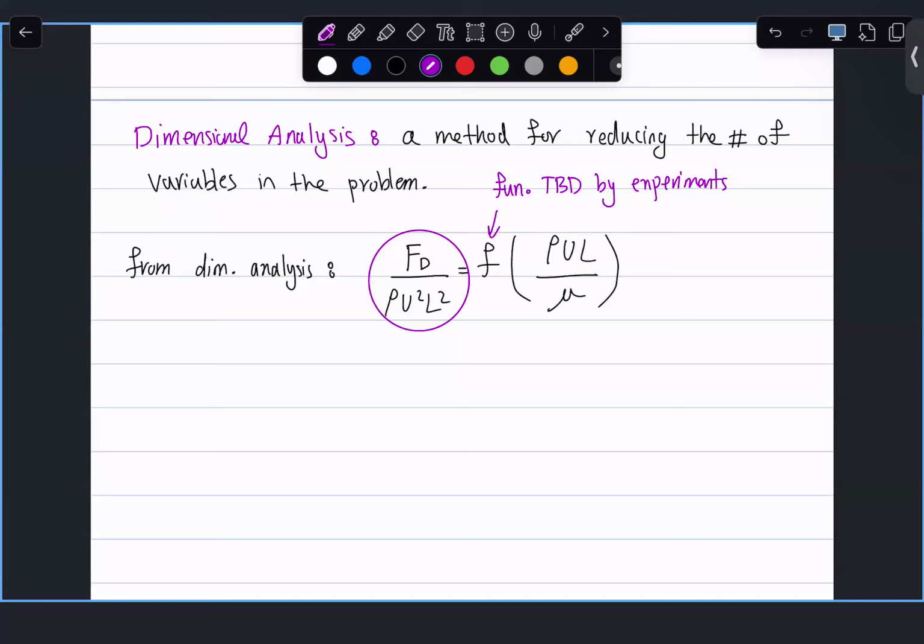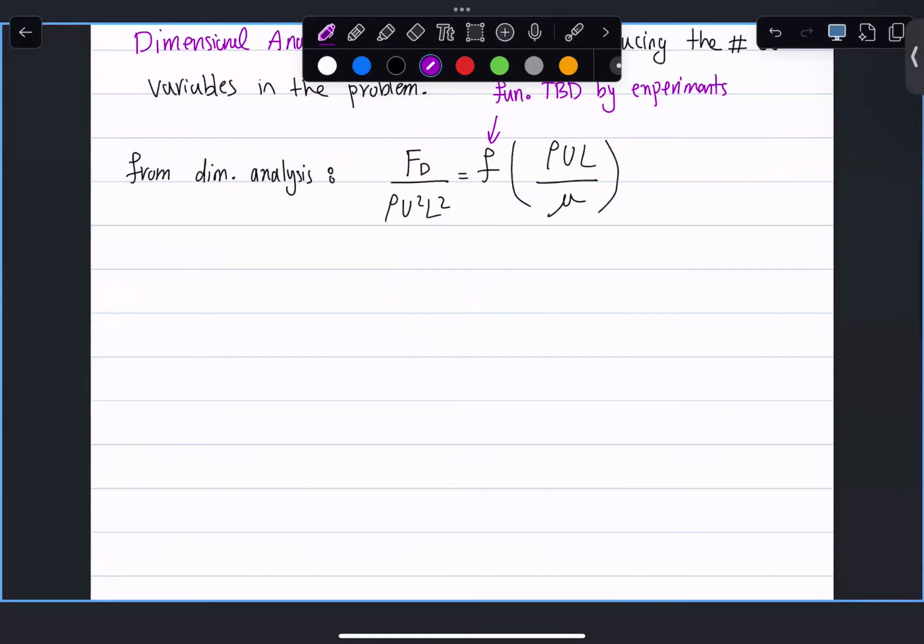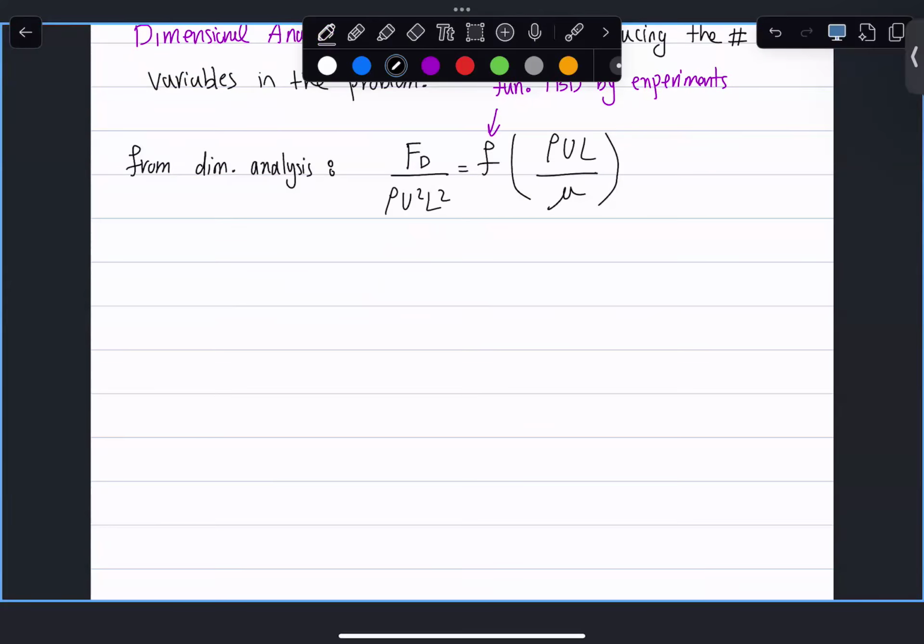So for example, force is mass times acceleration. So let me do the first one. You do the second one, maybe. Okay, so let's start with this. We want to find the dimensions of this group. So what are the dimensions of force? Does anyone remember? It's mass times acceleration, but what are the dimensions of acceleration?